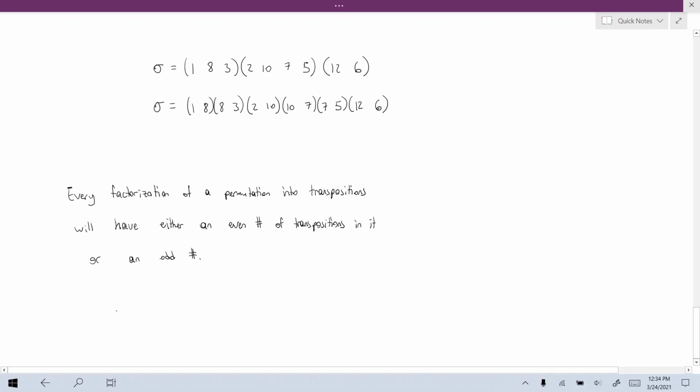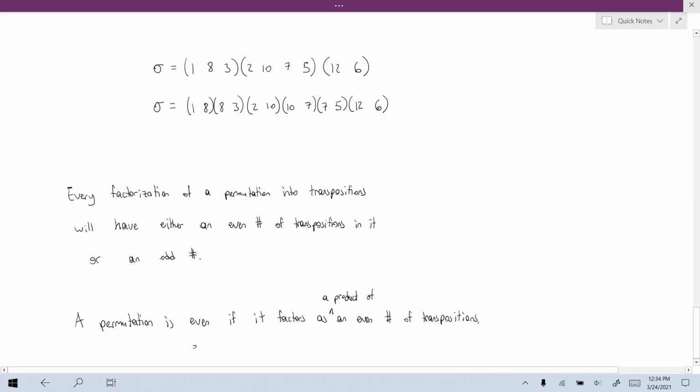So then we define a permutation to be an even permutation if it factors as an even number of transpositions, so as a product of an even number of transpositions.